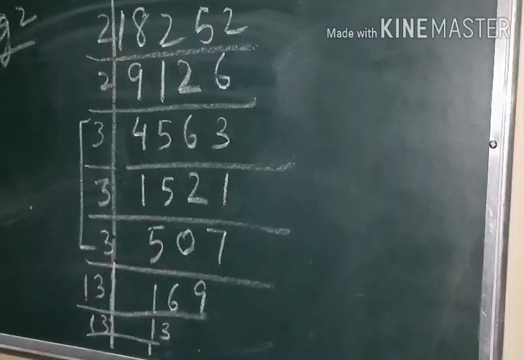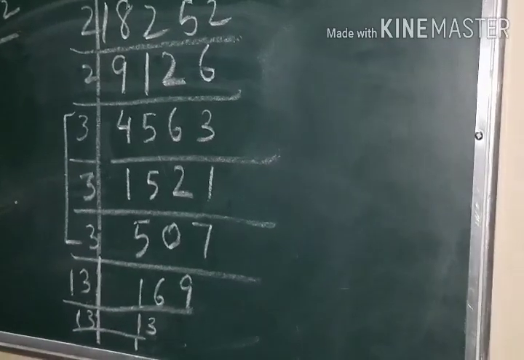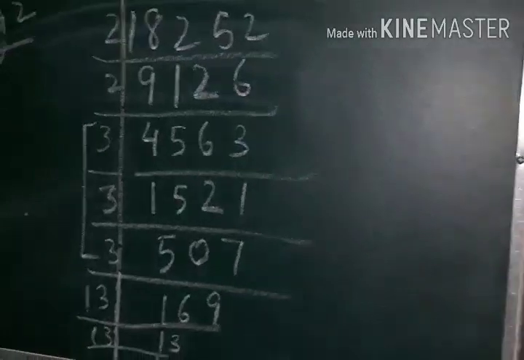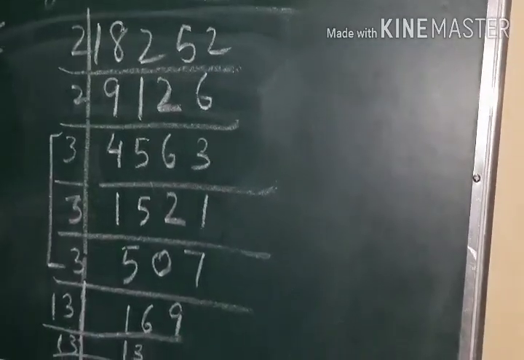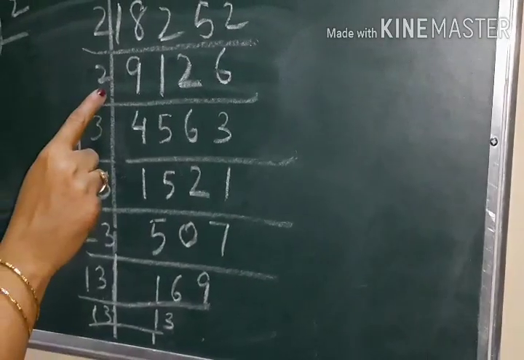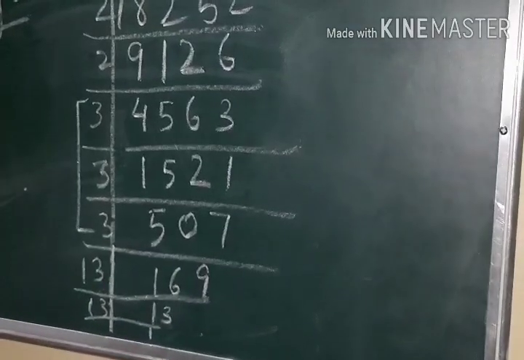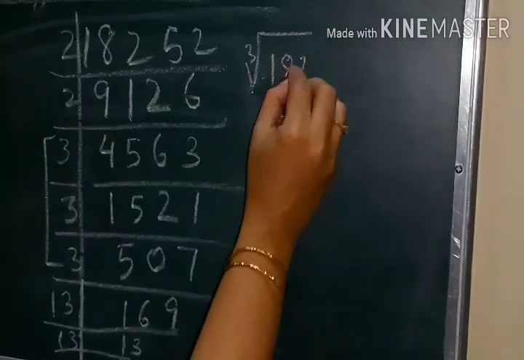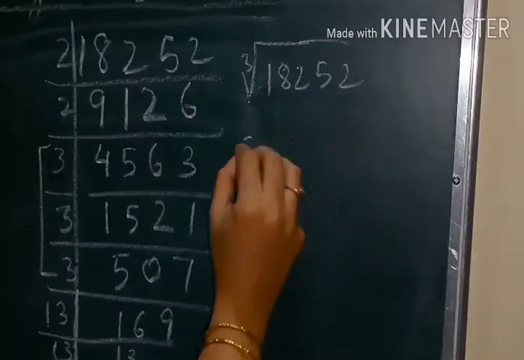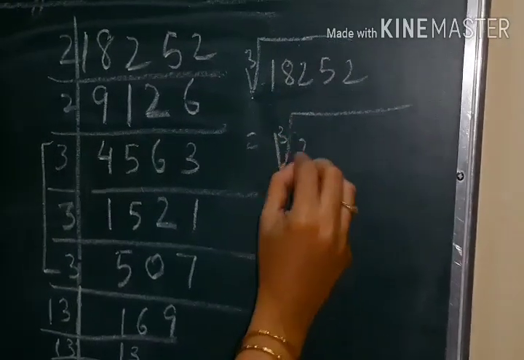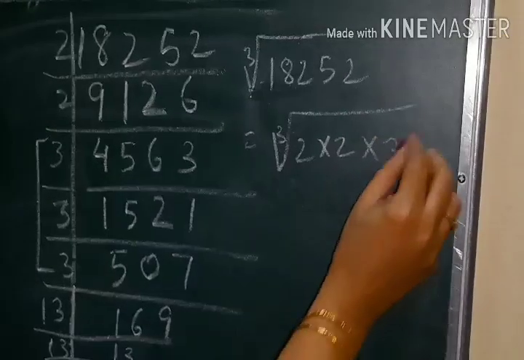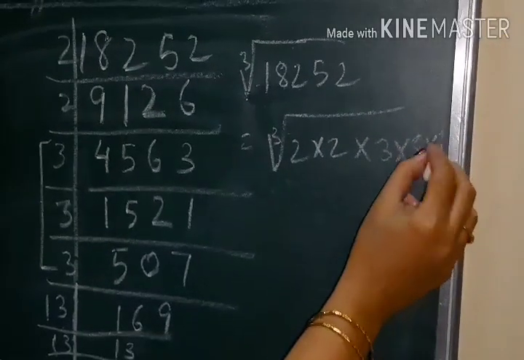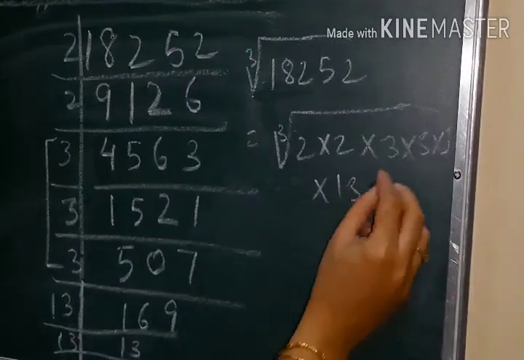And in multiplication I told you what you have to see, that what is required. In multiplication, what do we have to see? What more do we need? We need 1 2 and 1 13 more. Right? So you will write like this. Cube root of 18252 is equal to cube root of 2 into 2 into 3 into 3 into 3 into 13 into 13.